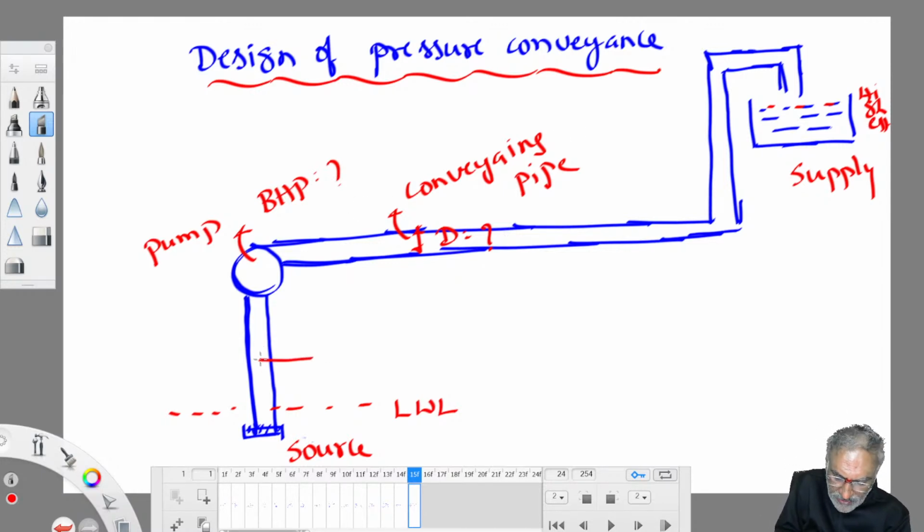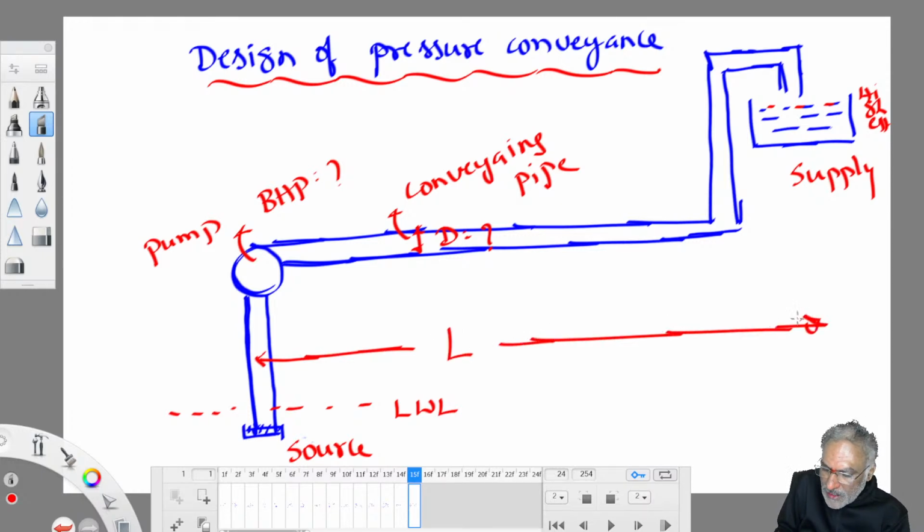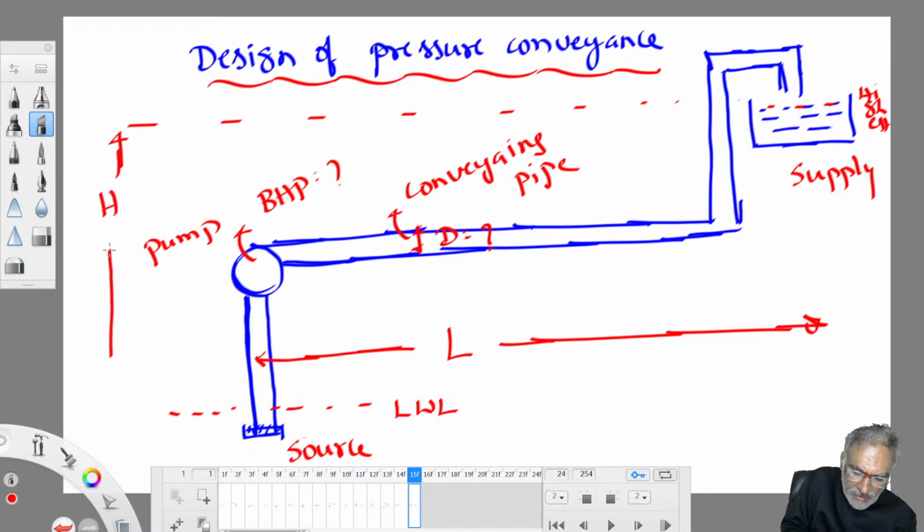It has to convey water all the way, L meters from source to supply, against a total head of H meters. From here to here, the water level difference is called H. Okay, like this. So how to design this?